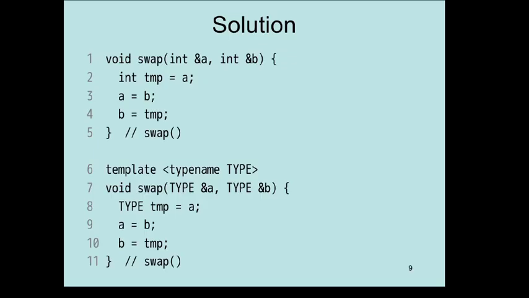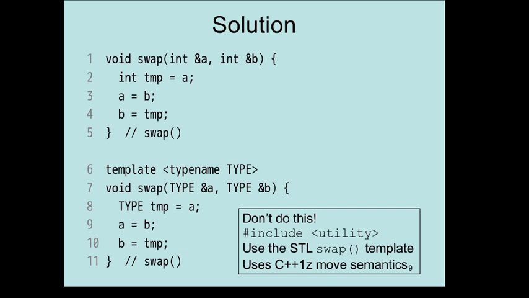Okay, so there's our swap, and I've got the solution written out with the code and the template version. And here in the template version, because I could type it, I did type TYPE instead of just T. Now, one thing about doing this is we don't want to do this. Well, that's a good point. So if the type doesn't support operator assignment, then this doesn't work.